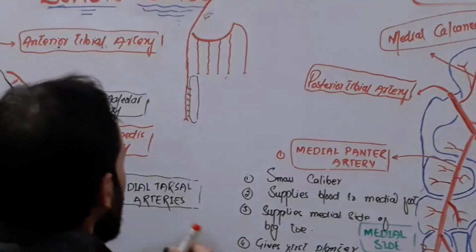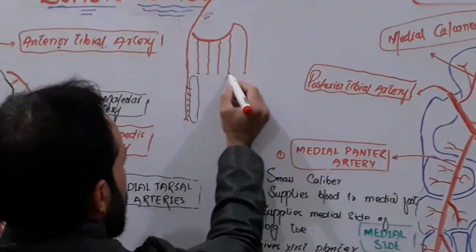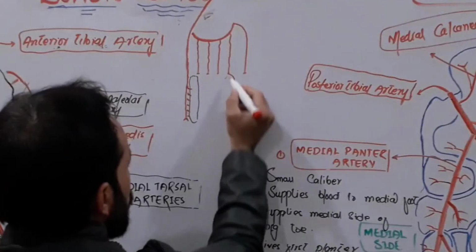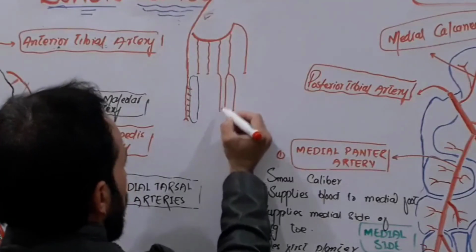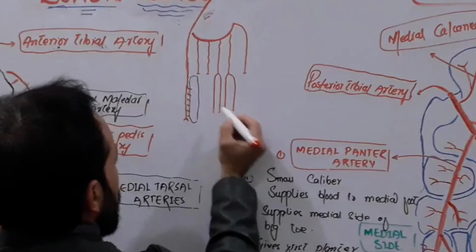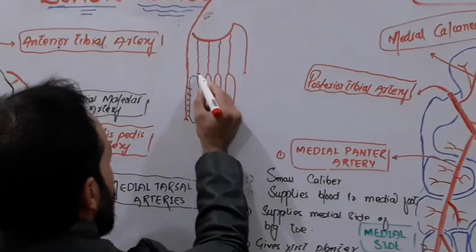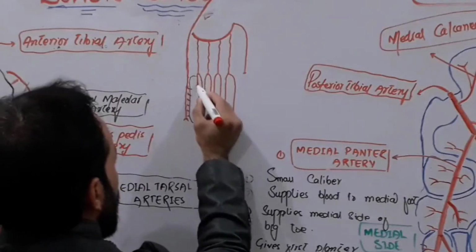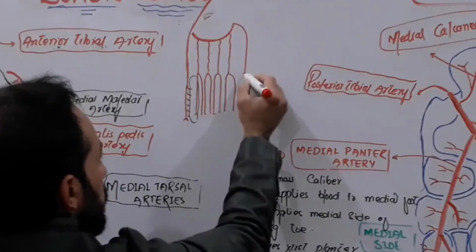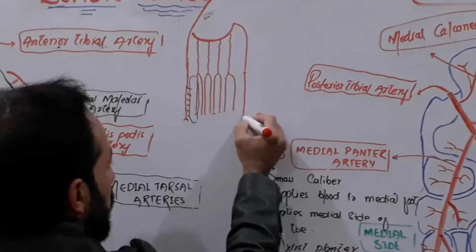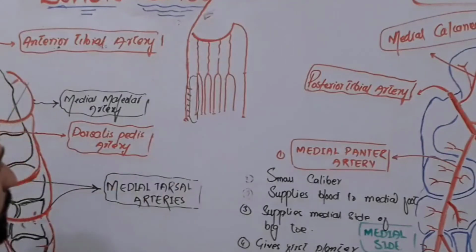Now look, all these metatarsal branches divide into two branches. These are the two branches, and this one also, right? And this branch comes only giving one branch, and this also is giving only one branch.